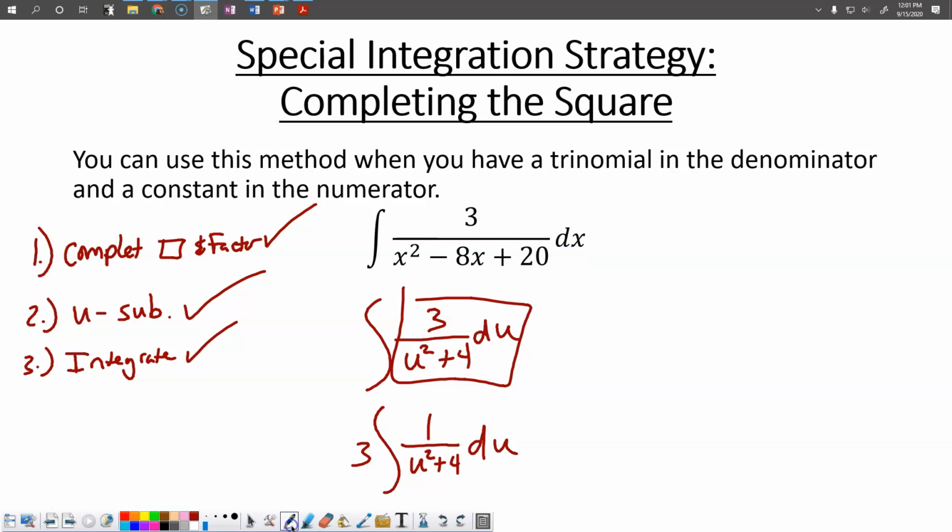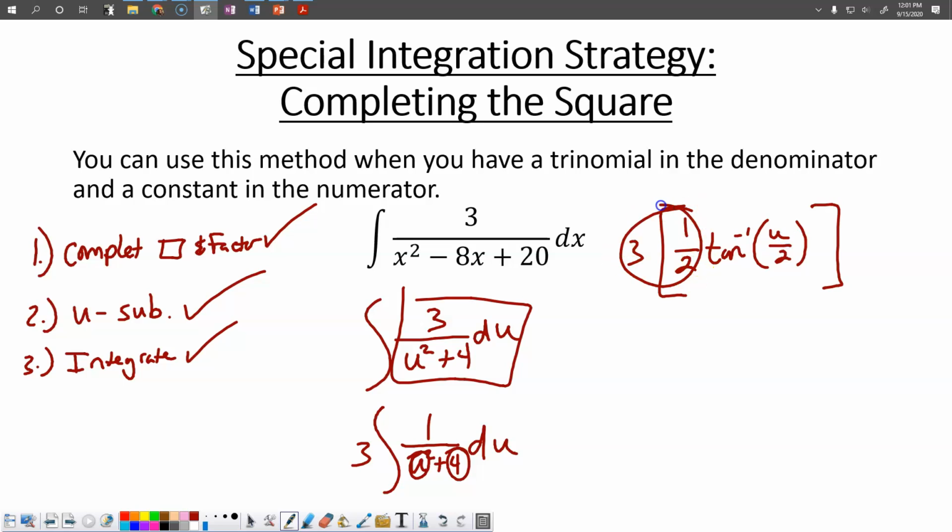All right, so we have 3, and then I have my integral on the inside here. So arctangent has 1 over a, arctangent of blank over a, and my a in this case is the square root of 4, which is 2, and the thing that goes on top is whatever's being squared here, so that's my u.